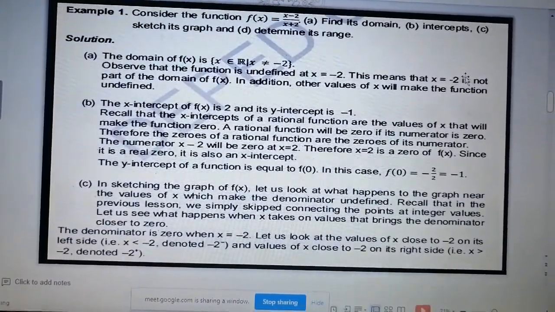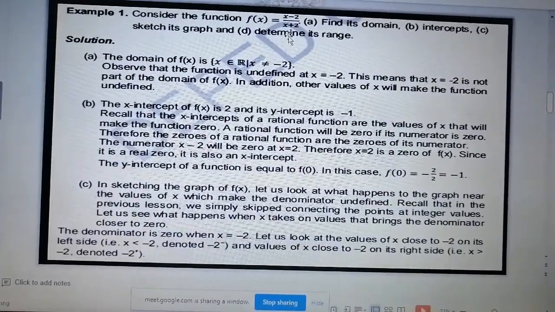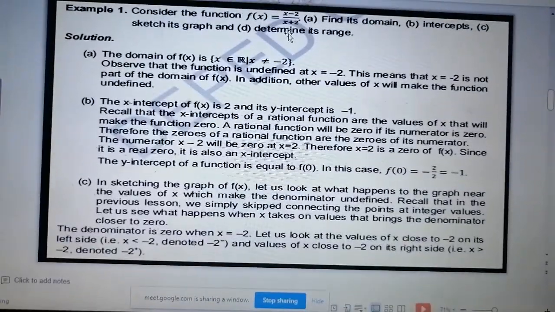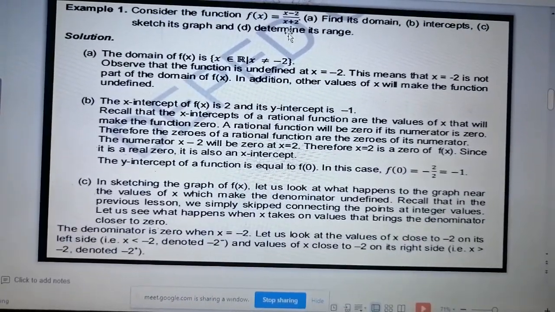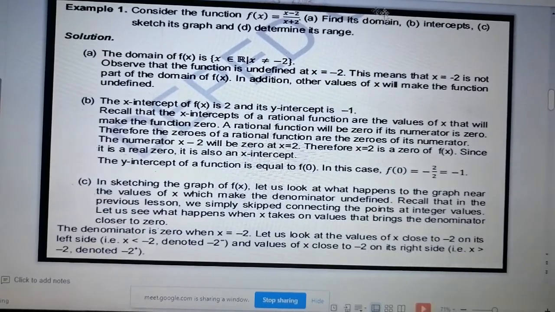Kunin niyo to, oh, anak. Consider the function x. Di ba ang function nyo? Given yung example number 1. Given example number 1, anak. Balik dito. Nandito, nakikita nyo ba? Sa PowerPoint.